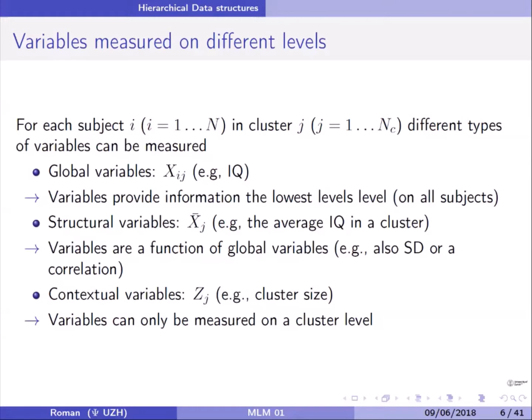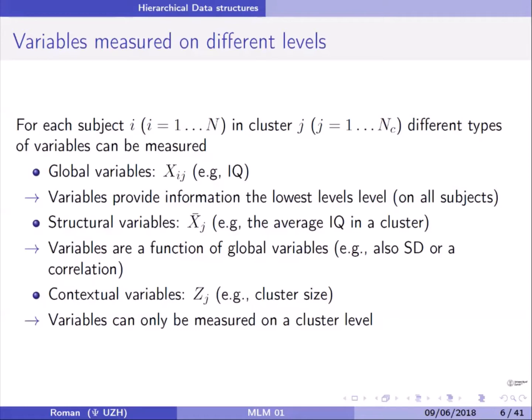X sub ij means we have information about the individual in the cluster. So the subscript is important here. ij tells us within the subject, within the cluster. So this information will come down to the lowest level because it's individual level information, X_ij.